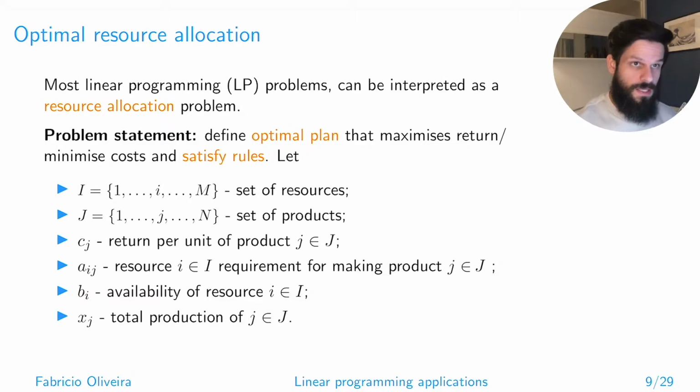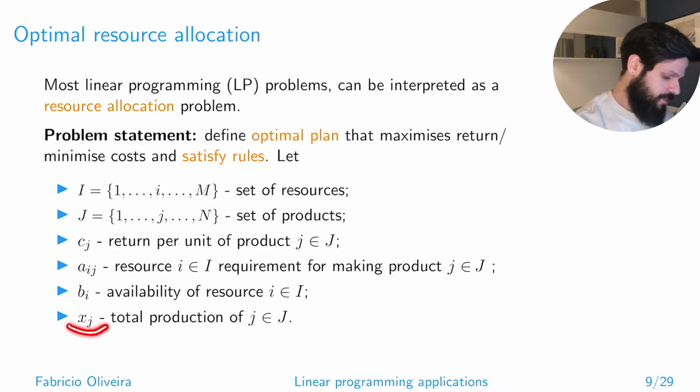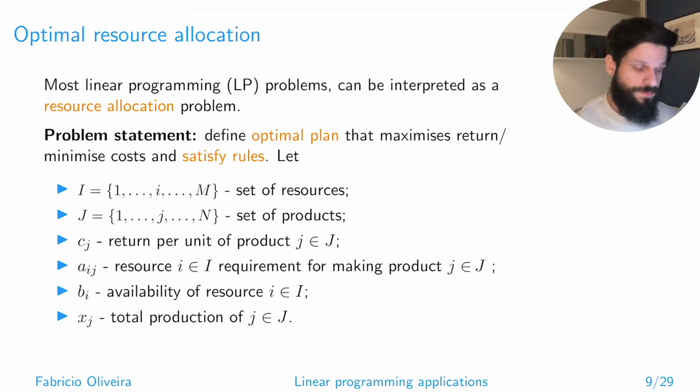The reason why I cannot make an infinite amount of products is because each of my resources is limited. So I have an availability of resources that I have to observe. And my actual plan is then defined by these variables xj, which represent the amount of product j I make.